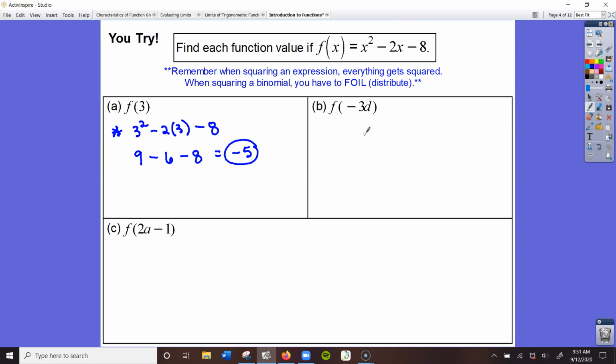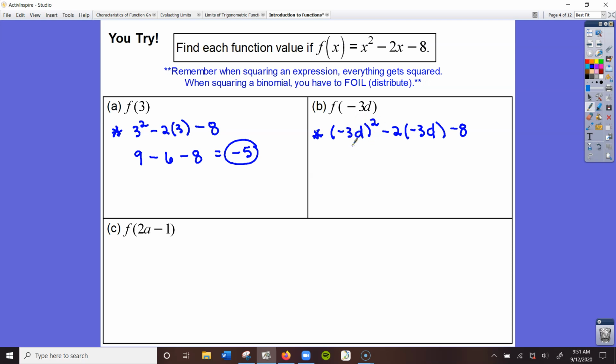For f of negative 3d, we're going to plug in that negative 3d inside of every x, giving us negative 3d squared minus 2 times negative 3d minus 8. Remember that negative 3d squared means negative 3d times negative 3d.